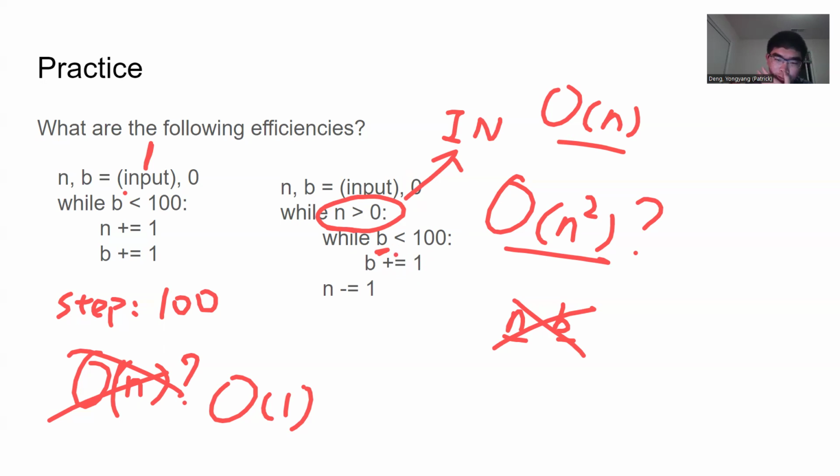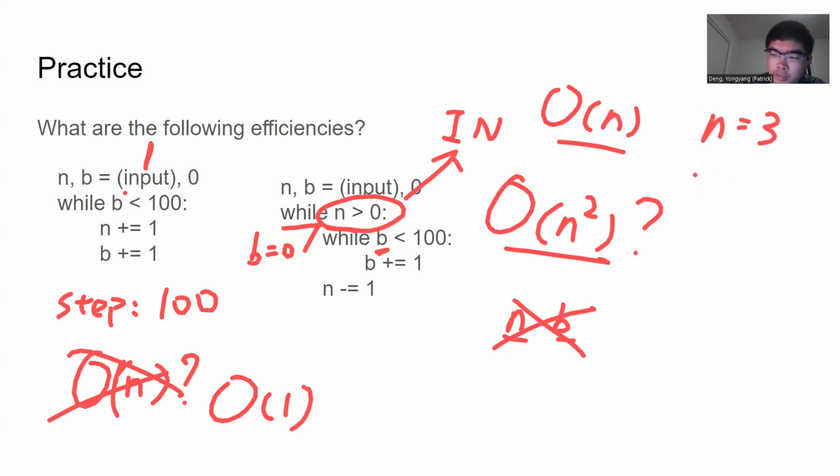So while b is less than 100, suppose I add the line here between these while loops, and suppose n is 3.